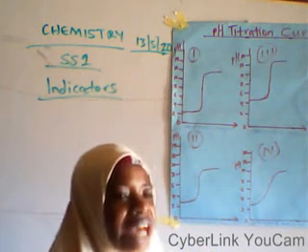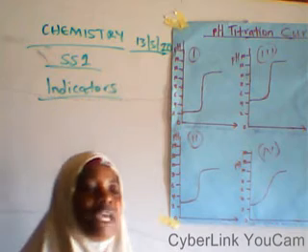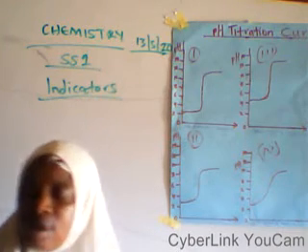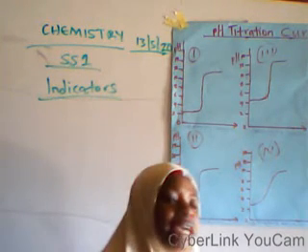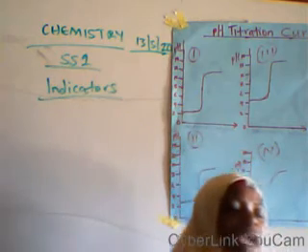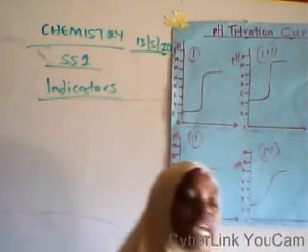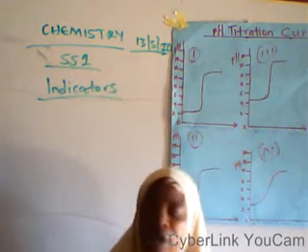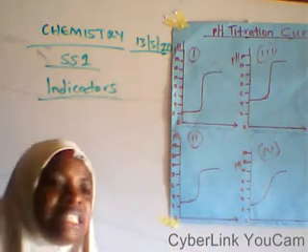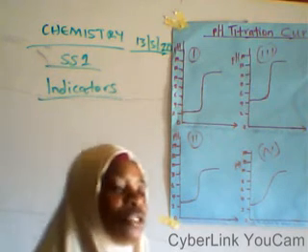Today we'll be looking at indicators. What are indicators? Indicators are weak organic acids or bases that change color according to the pH of that solution.